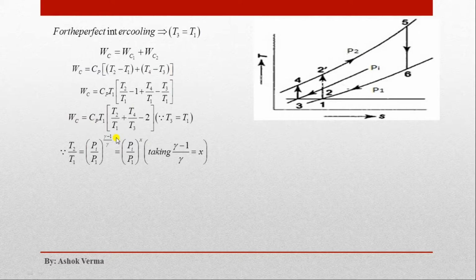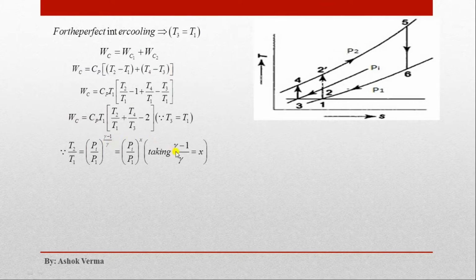Then you will see since process 1 to 2 is isentropic compression, for an isentropic process, T2 by T1 will be equal to Pi by P1, where Pi is the intermediate pressure and P1 is this pressure. So Pi by P1 to the power gamma minus 1 by gamma, and we are taking this term as x because we will use this term repetitively.